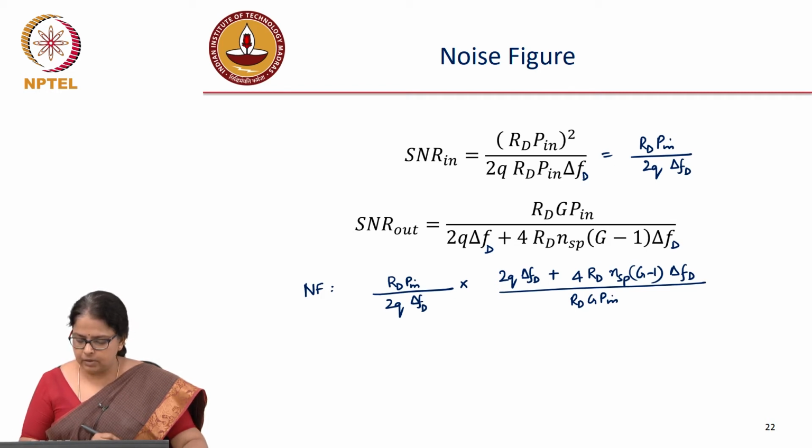I can cancel out this delta f_d everywhere. I can cancel out R_D P_in in the numerator.